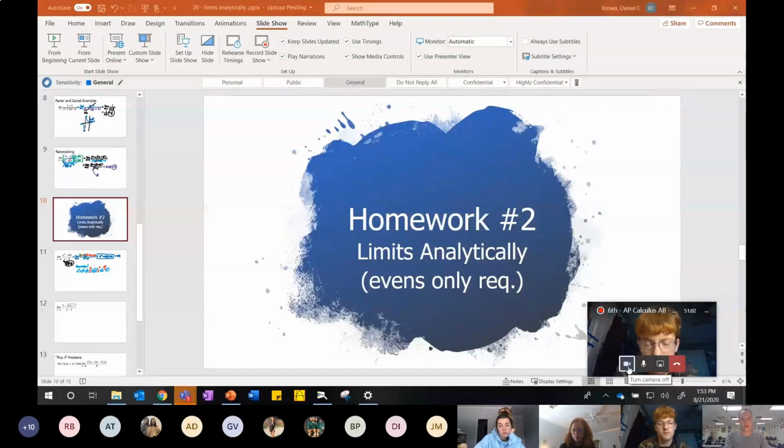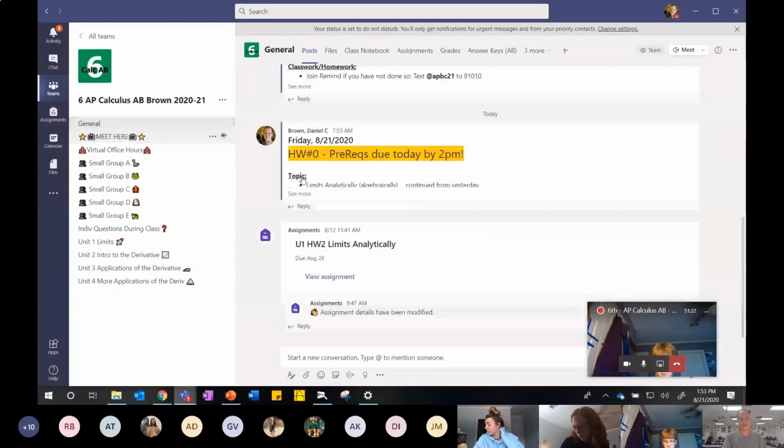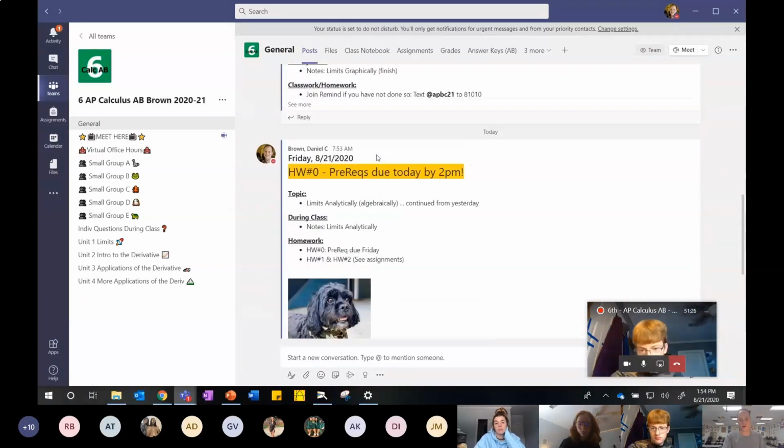But I just don't want you to get overloaded with work in this virtual environment. So for homework 2, I'm only requiring the evens. I do want to remind you that you have about 8 minutes to submit your prereq assignment if you haven't already. And then the other homework assignments you have to be working on are homework 1 and homework 2.